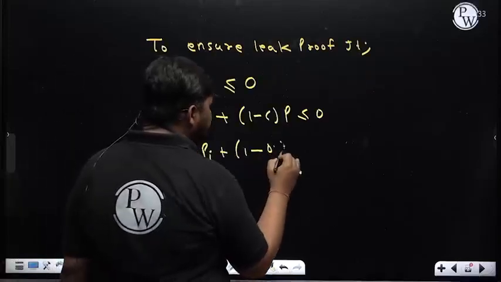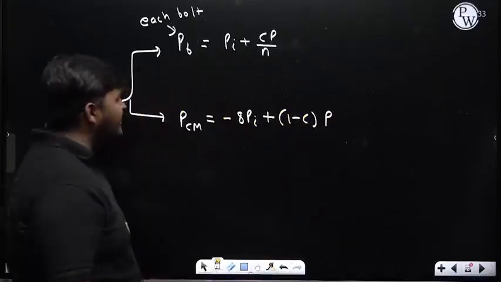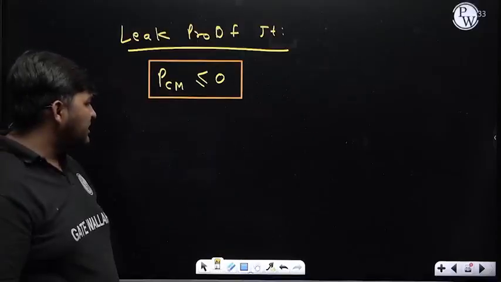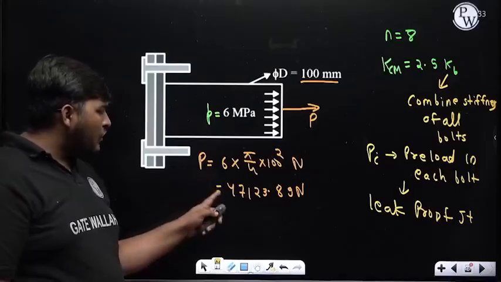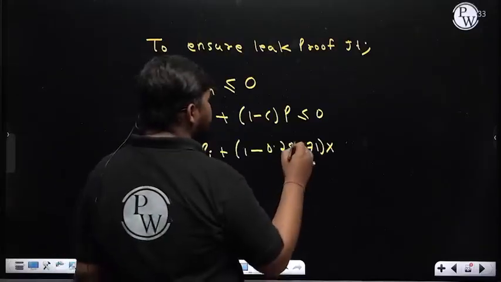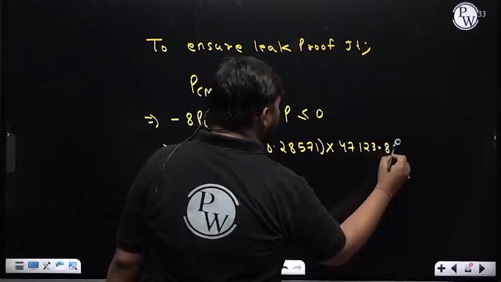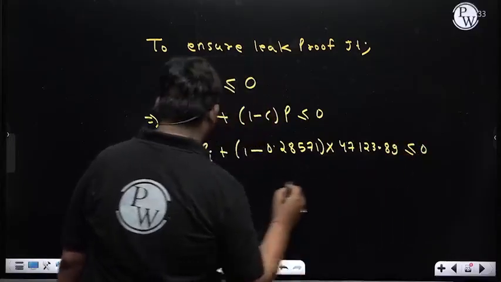0.28571, into P, the value of external tensile load, which is 47123.89 Newton, and this must be less than or equal to 0.